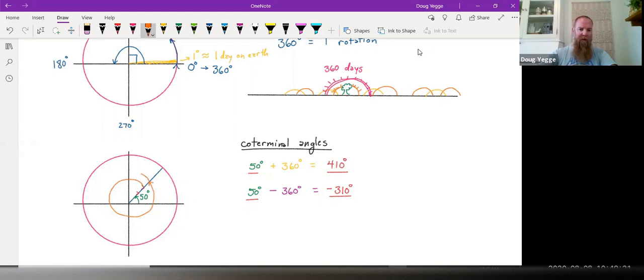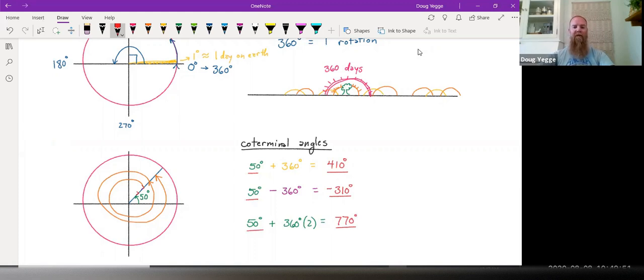And then we continued by taking a second rotation by going 360 degrees more. Well, that means we could start at 50 degrees and add 360 degrees twice, which means we're really adding 720 degrees, and therefore 770 degrees would also be considered coterminal to 50 degrees.